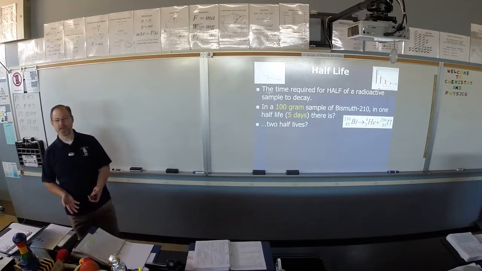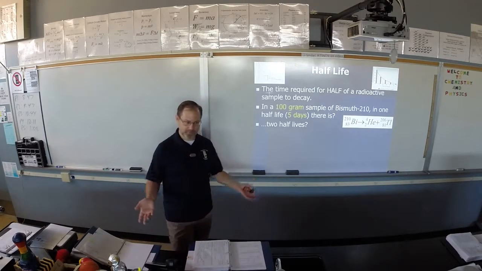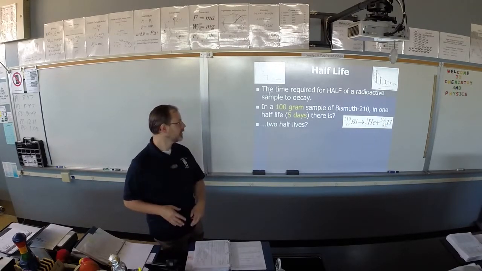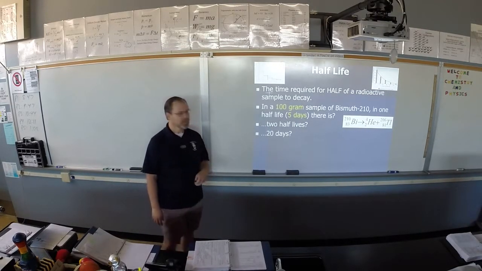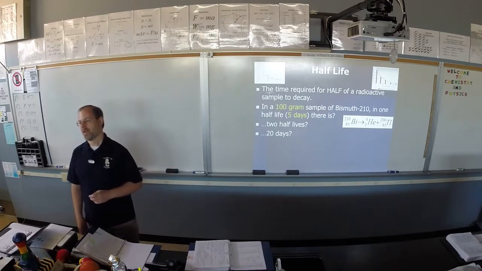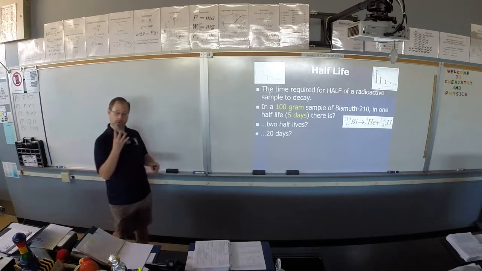So in two half-lives, how much would you expect to be left over? 25, okay? Again, easiest math you'll ever do in a science class is in nuclear. In 20 days, be careful here, how many half-lives do you have in 20 days? 4.